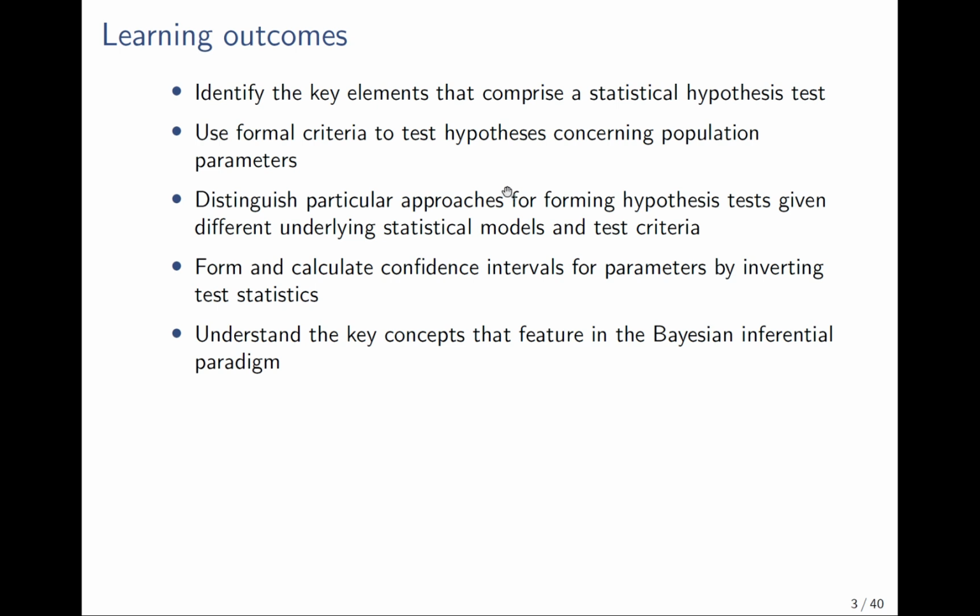Following our discussion of specific methods of hypothesis testing, you should be able to distinguish particular approaches given underlying statistical models and test criteria. You will be able to form and calculate confidence intervals for parameters by inverting test statistics. And finally, regarding the Bayesian inferential paradigm, you should understand the key concepts that feature in that particular approach to inference.